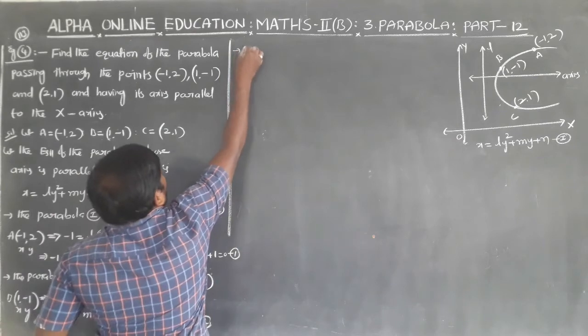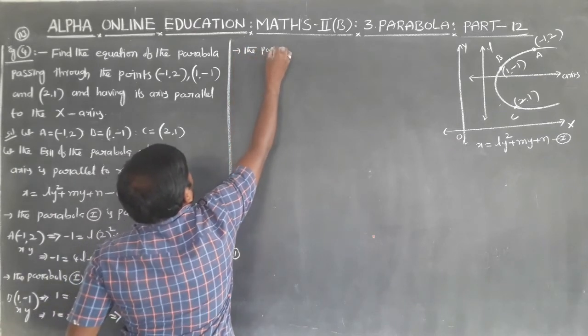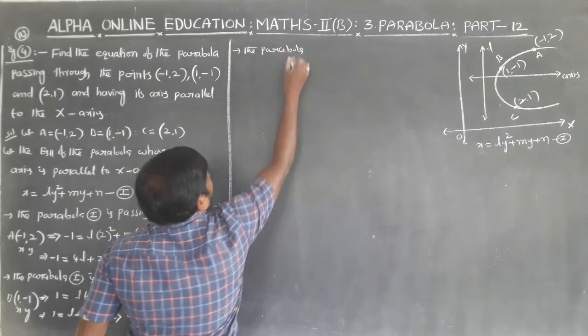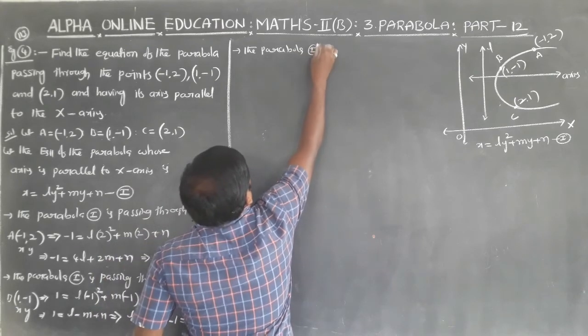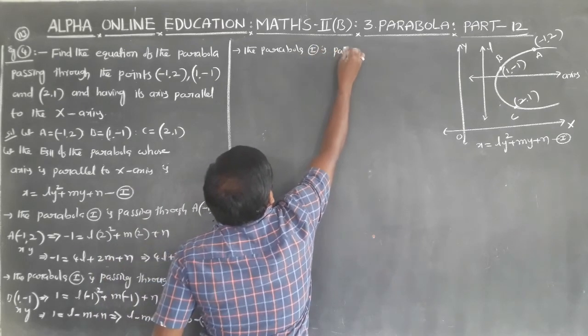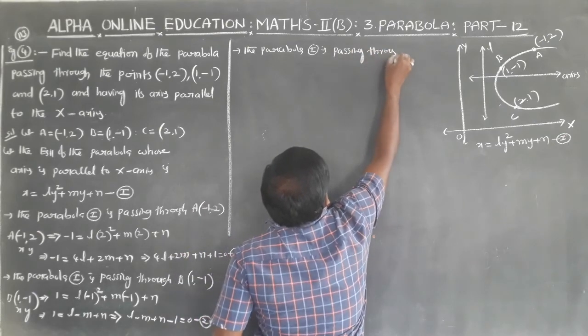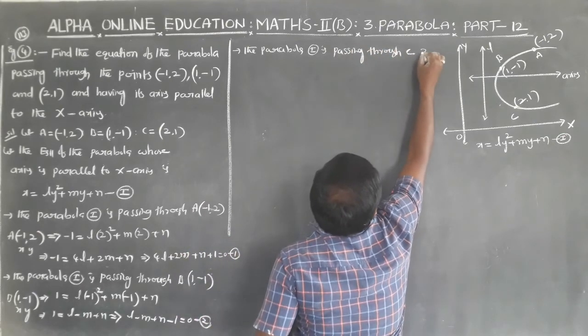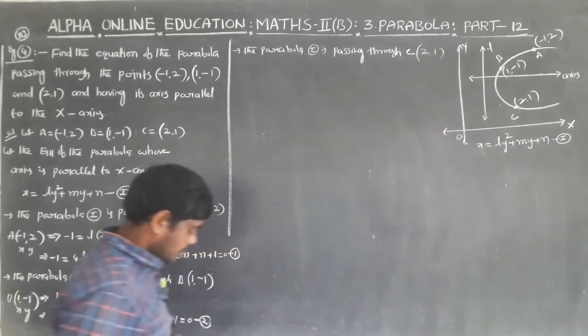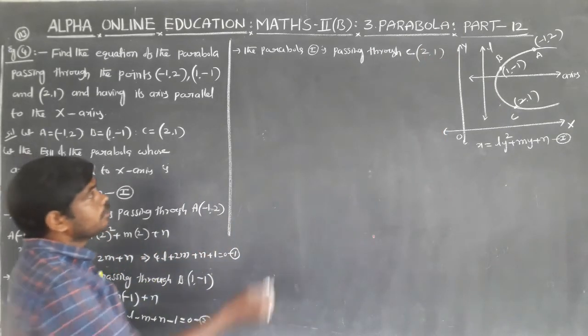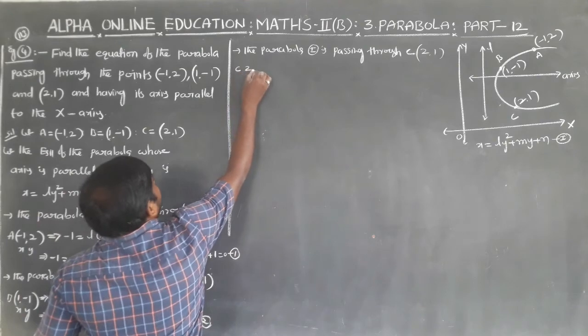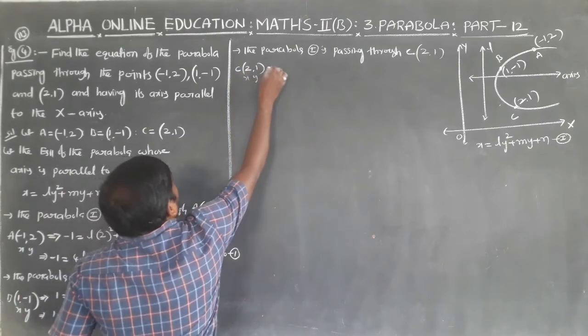Again, parabola 1 is passing through the C point (2, 1). C (2, 1) is a point lying on the parabola.